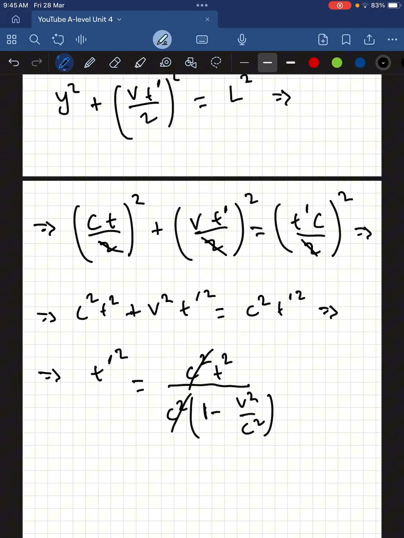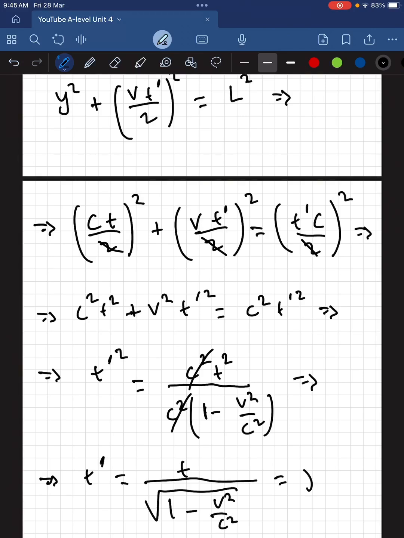This c squared cancels. And immediately we see that we have t prime is t over the square root of 1 minus v squared over c squared, which is nothing more than gamma t. So this is where this gamma comes from.